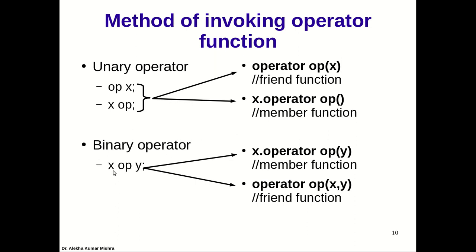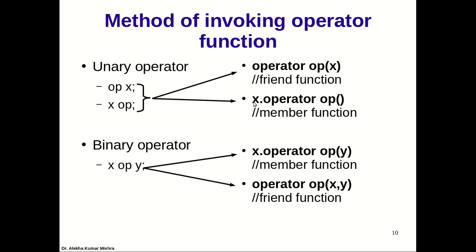Now for a binary operation, x operation y, if it is a member function, the call is something like this. As I was saying, x is passed as an implicit object. The first operand, the left hand side operand, is passed as an implicit object, and the second operand, the right hand side operand, is passed as an argument. For the friend function, both x and y are passed as arguments.